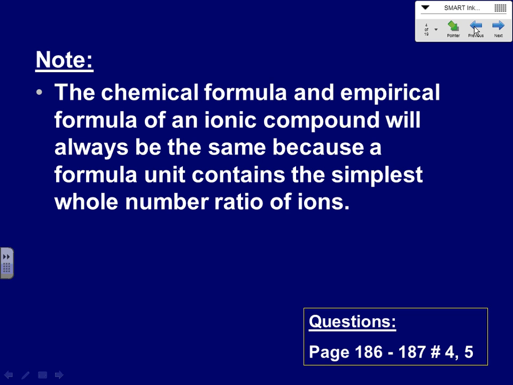Let's stop and think about a formula first. Not a molecular formula, but just an empirical formula. Let's stop and think about what something like Al2S3 is. Let's just look at that, aluminum sulfide. And let's talk about what the 2 and the 3 in aluminum sulfide really represents.